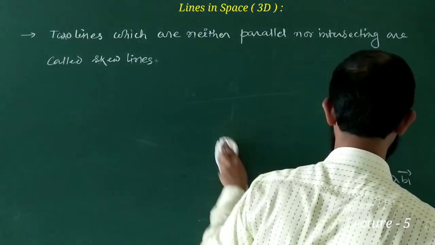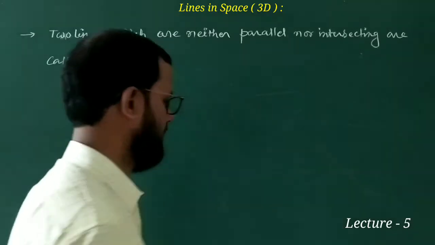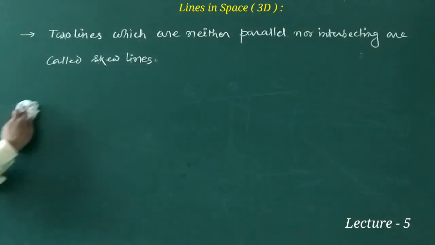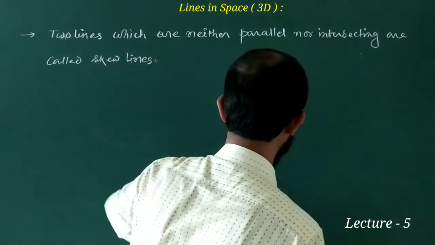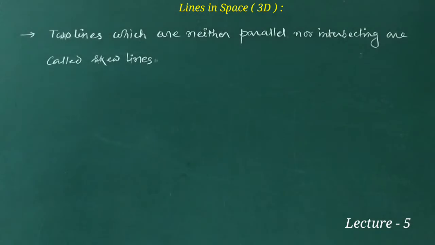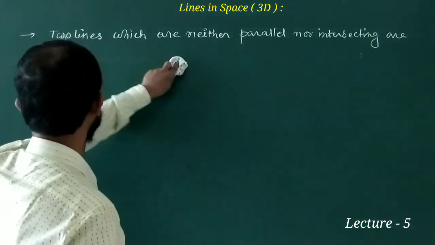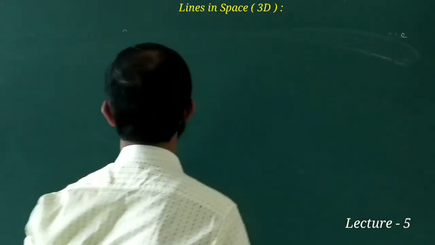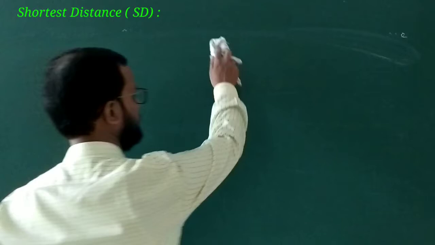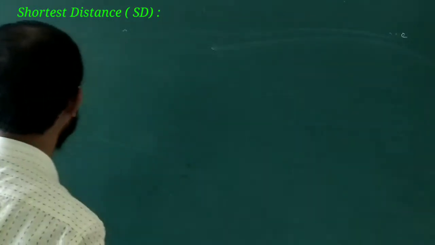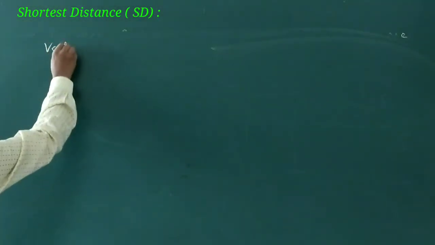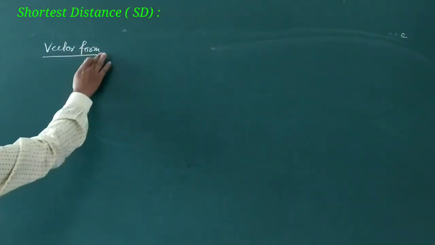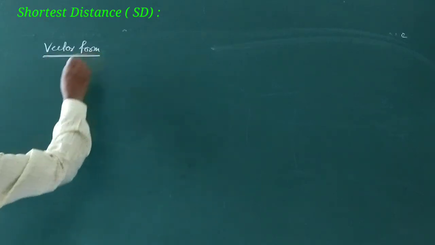Now what is the shortest distance between two lines which lie in different planes? They are skew lines, and we try to write it in vector form. First we use vector form: the shortest distance between two lines in vector form.